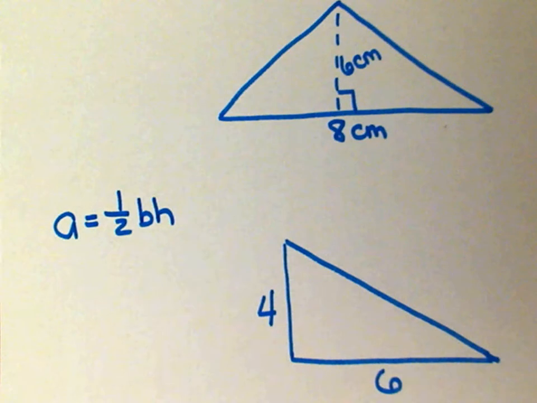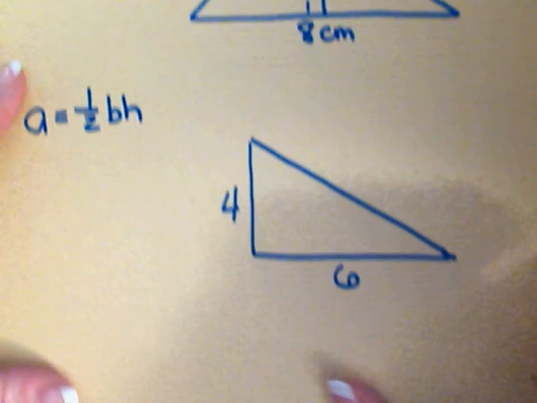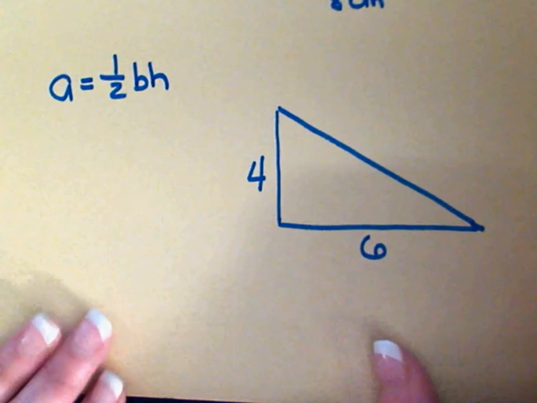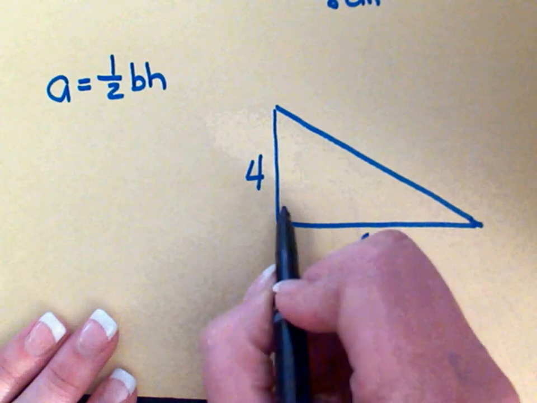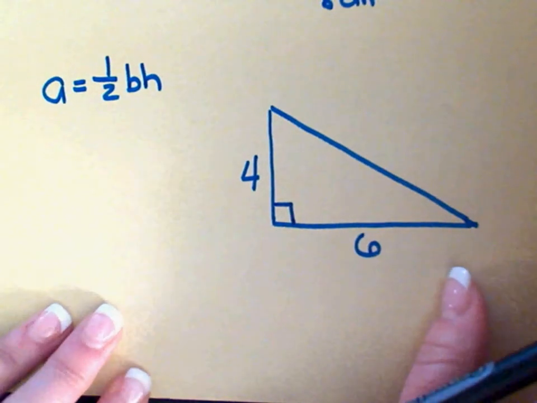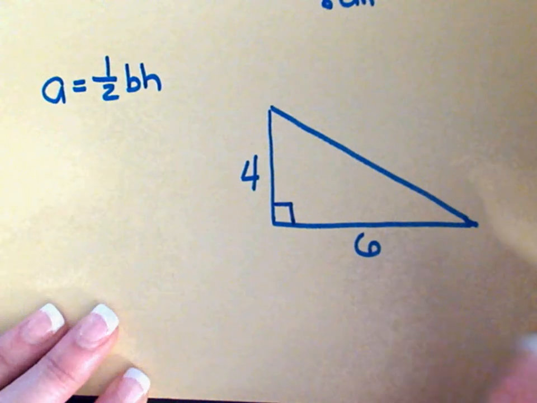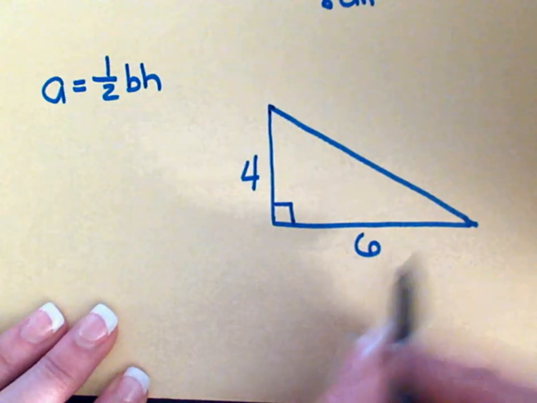The other formula that they gave us was A equals 1/2 BH. The reason why the two formulas end up the same is because divided by 2 and times 1/2 are basically the same thing.